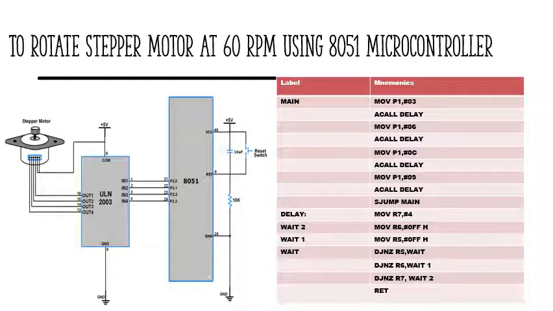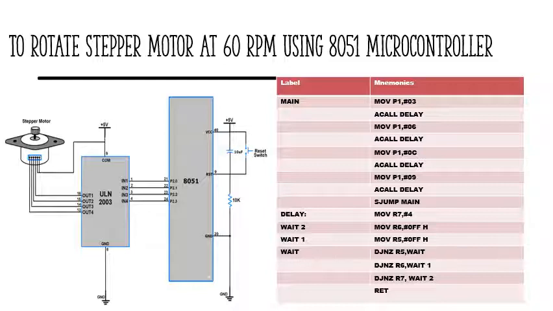Hence, we need a current amplification IC ULN2003 to connect the stepper motor to the 8051 microcontroller. Keep in mind that this ULN2003 is just a current amplification IC. It is not similar to the 8255 port IC that we discussed while controlling the stepper motor using the 8085 microprocessor.